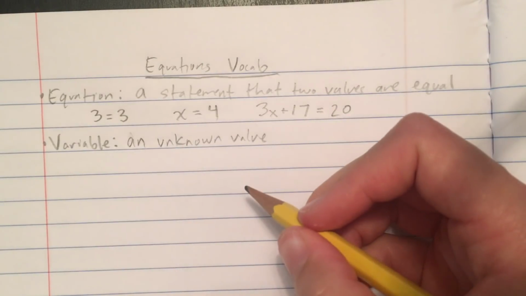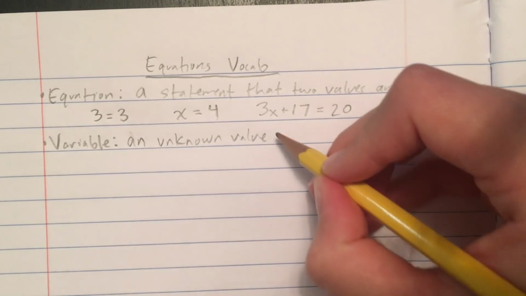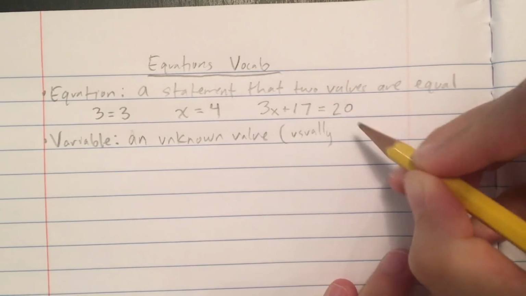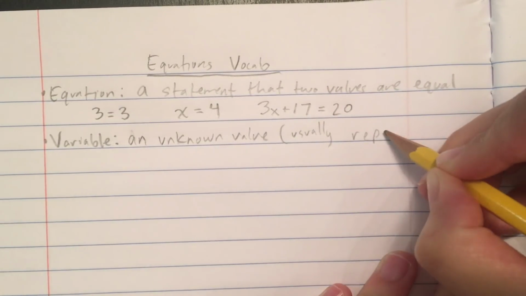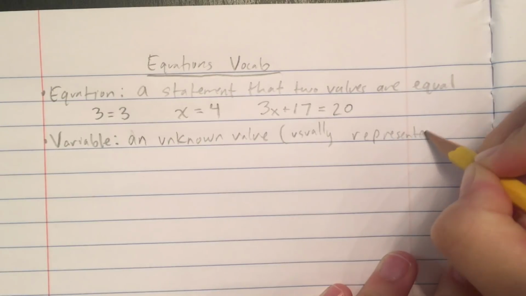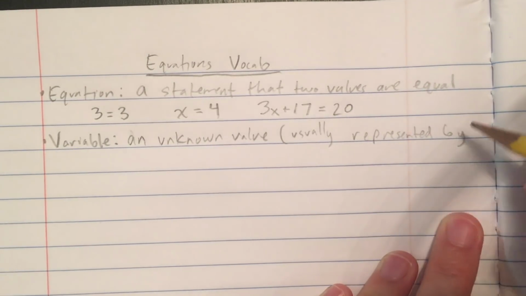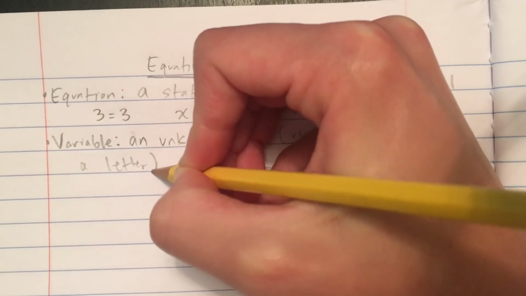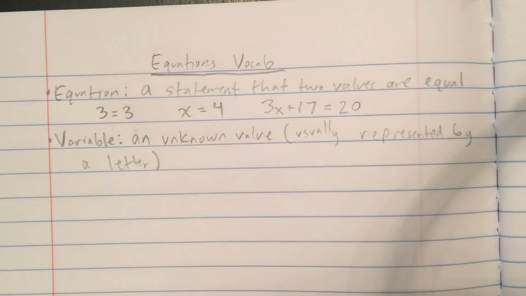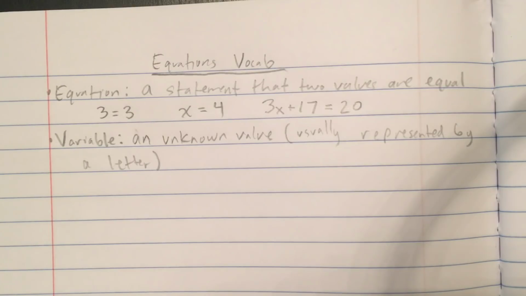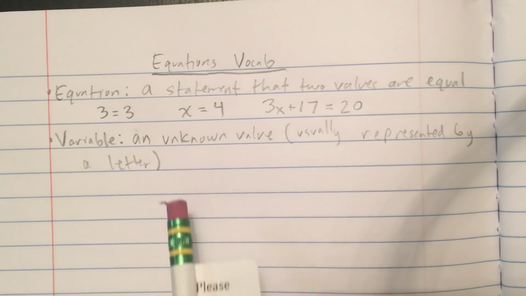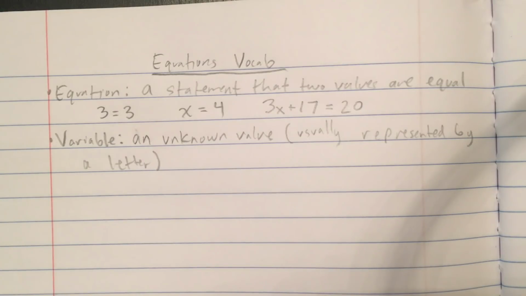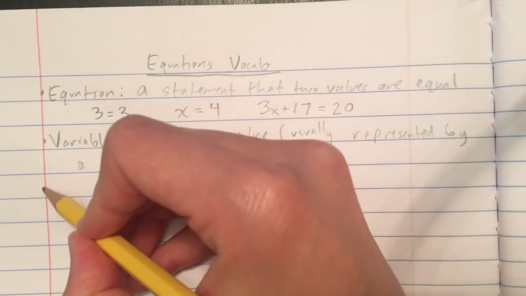A variable is an unknown value, and variables are usually represented by a letter. Oftentimes that letter is X, sometimes N, but any letter will do. But it's just an unknown value, and we use a letter in its place to indicate that we don't know it.